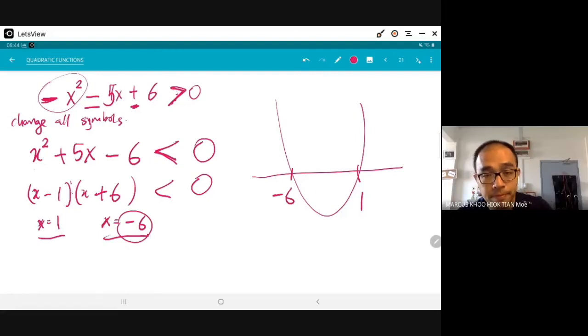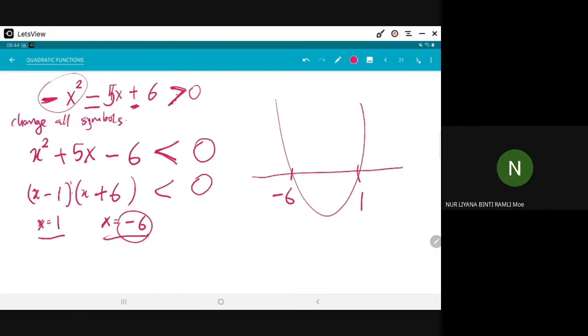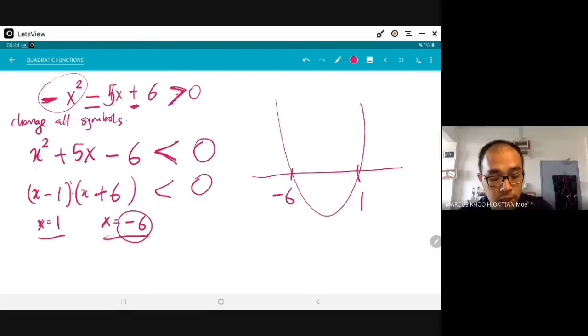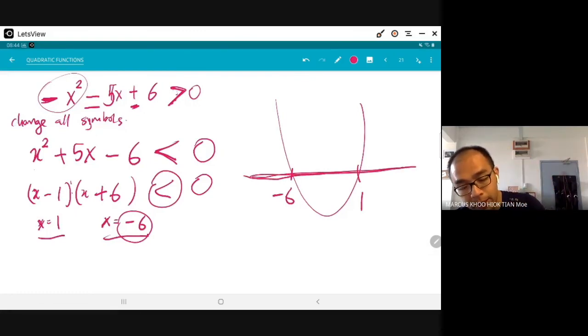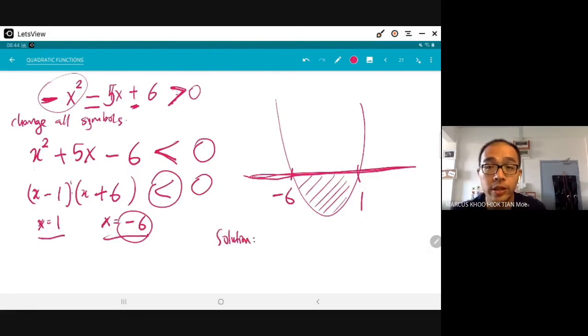Sebab? Sebab less. Okay, sebab dia adalah less than 0. Anything less than the middle line. Okay, asal dia less daripada ini, jadi sini yang kamu lorek. So, what is my solution? Apa jawapan akhir saya untuk solution? Kalau di sini, kalau di tengah-tengah yang kamu lorek, apa saya punya solution?